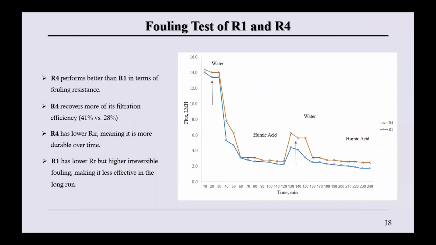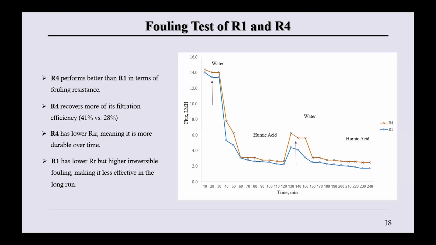After that, we tested the fouling of membranes R1 and R4. We see that membrane R4 performs better than R1. Membrane R4 contains 0.100% silicon nanoparticles. It is clear that R4 recovers more of its filtration efficiency, up to 41%, and has lower reversible fouling, meaning it's more durable over time.